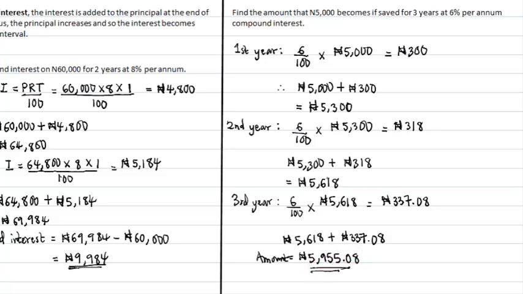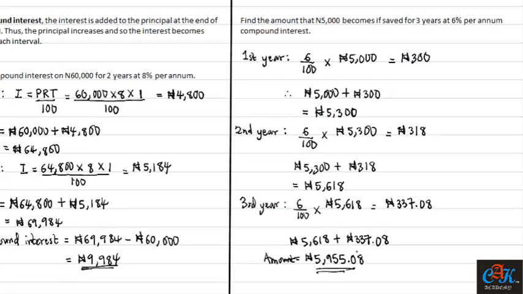You can see the question: find the amount that 5,000 becomes if saved for 3 years at 6% per annum compound interest. So this is our final answer, the amount itself.